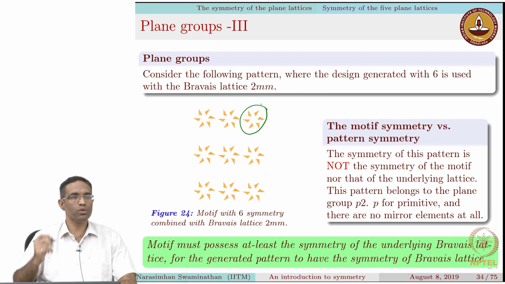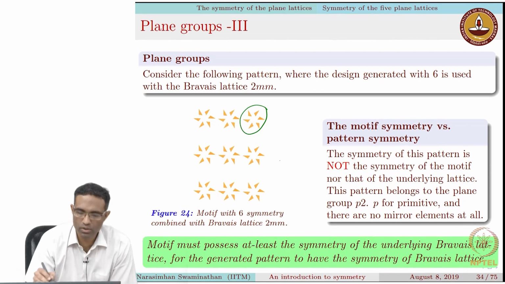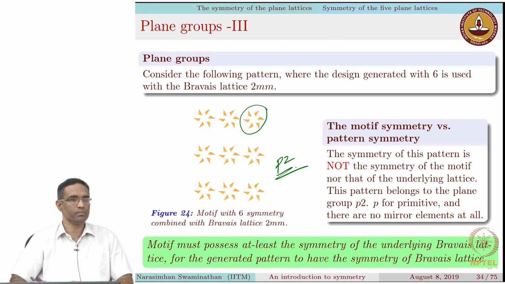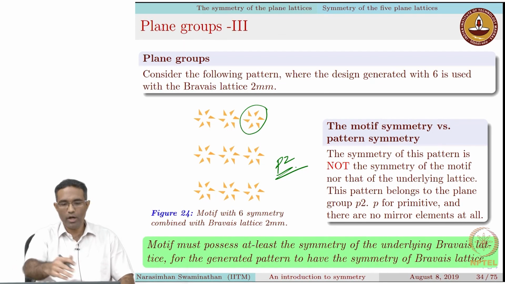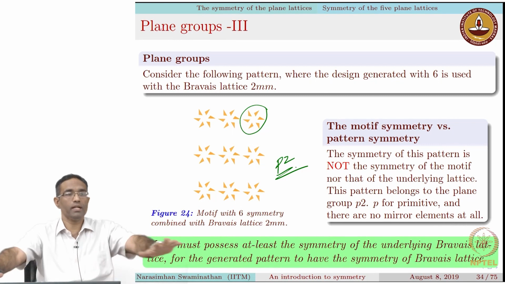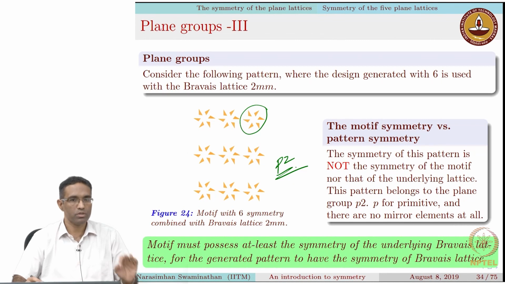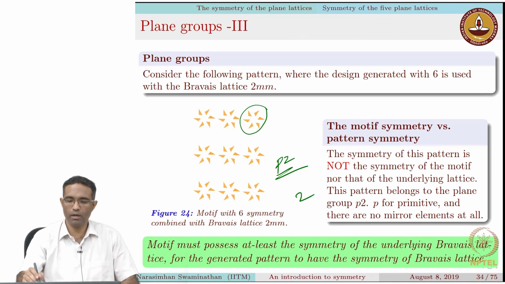There is only a twofold rotation possible. That is the only symmetry here, right? So this belongs to the space group P2, and the point group of this entire pattern would be simply 2. Okay, if you remove the P there, you would get a 2.